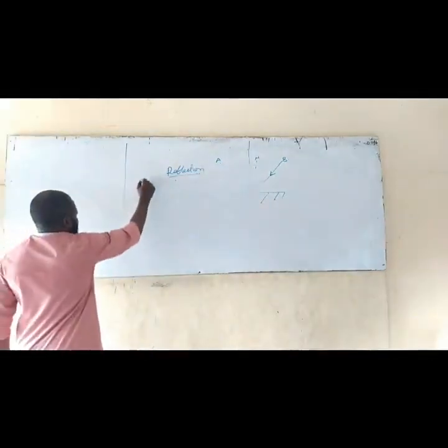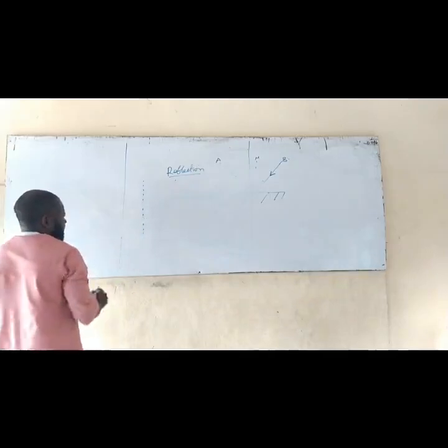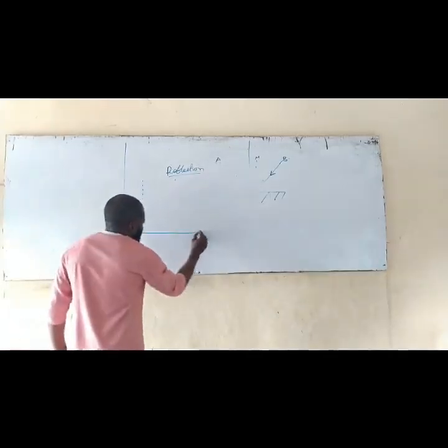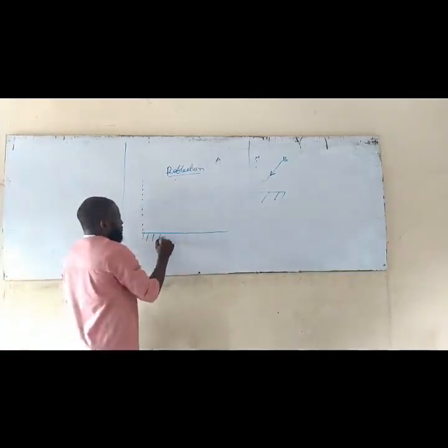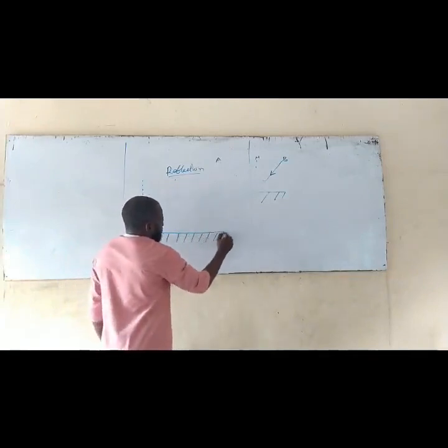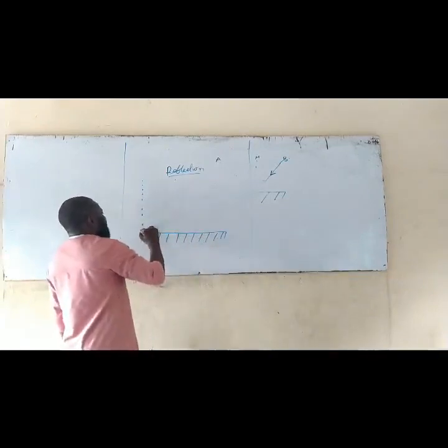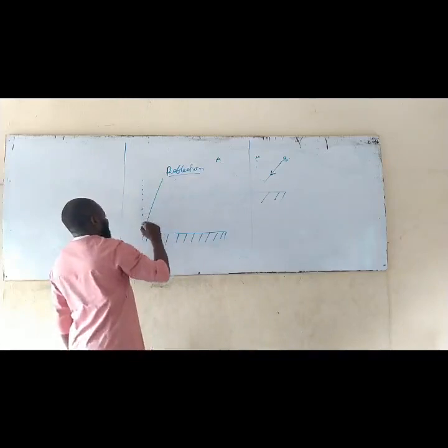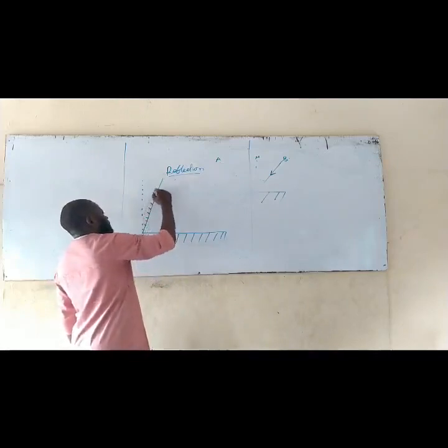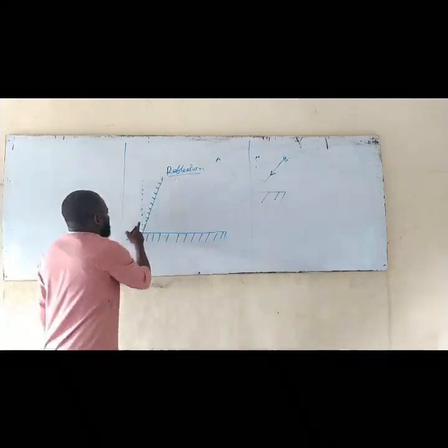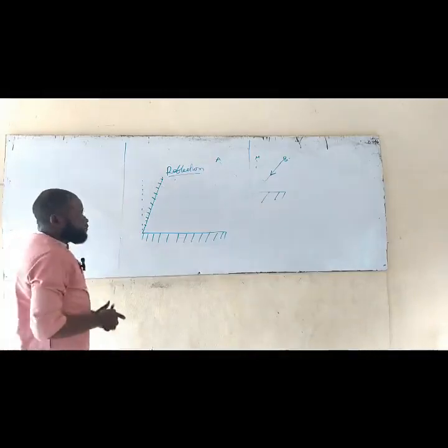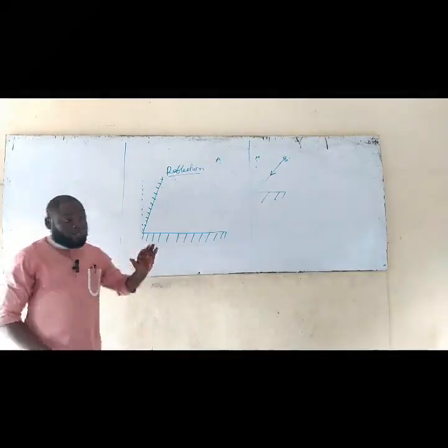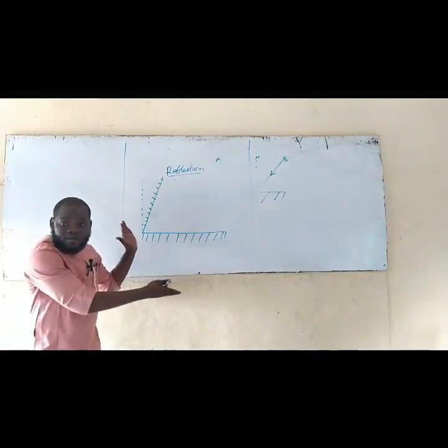Let's say I have this. This is an imaginary line, and this is what? A mirror. I have a mirror like this, and then I now have another mirror like this. Normally the two mirrors are perpendicular, right?